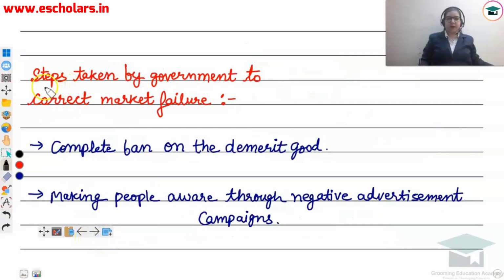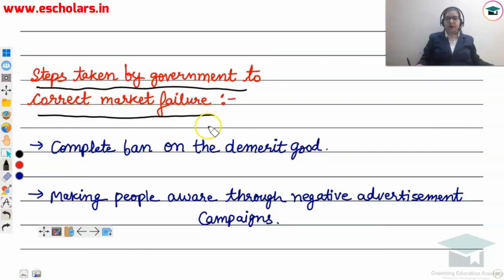Now further we will look at the steps taken by the government to correct market failure which arises due to demerit goods. See, there is a complete ban on the demerit goods. For example, very intoxicating drugs, right? Those are completely banned by the government. So, complete ban on the demerit good.